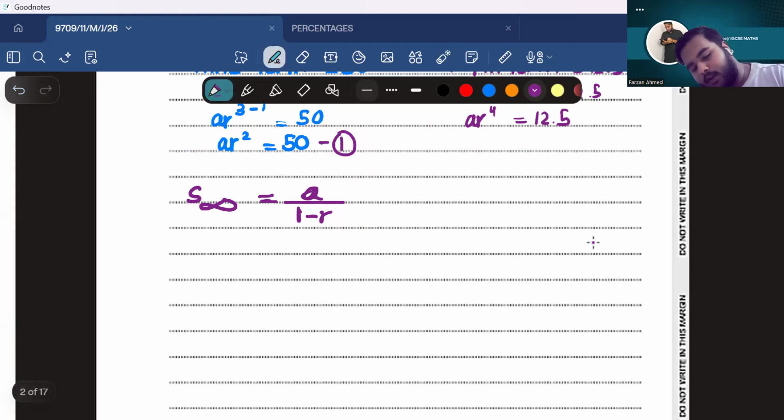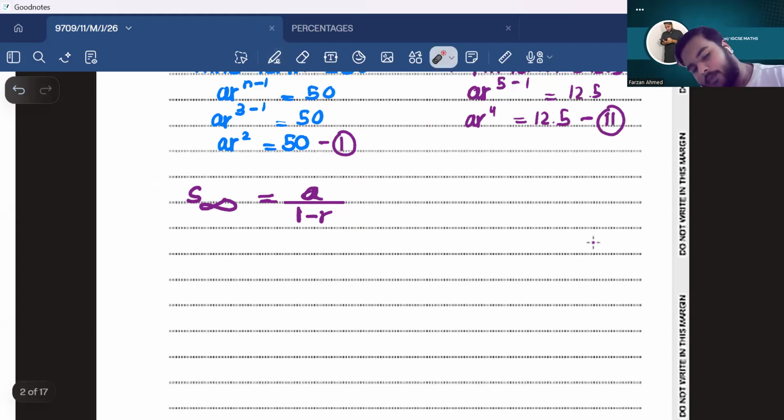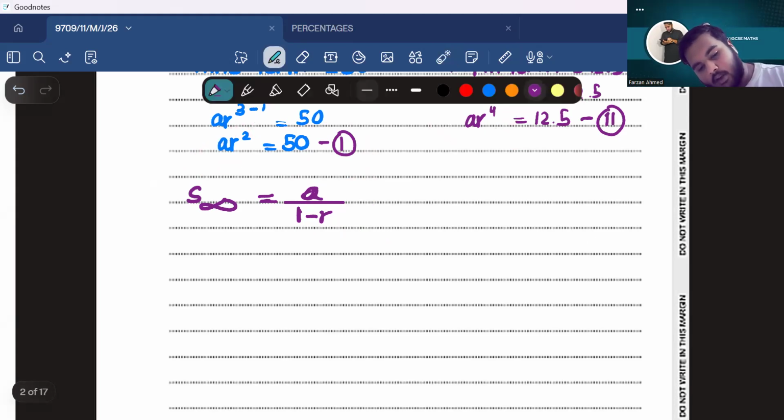We will divide AR^4 over AR square, which equals 12.5 over 50.